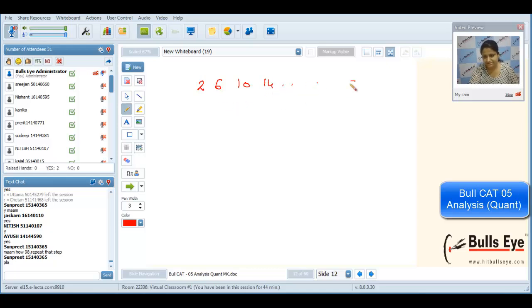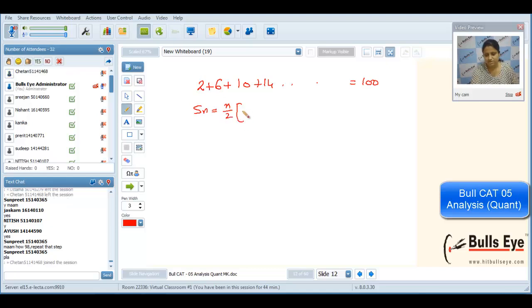And we want this sum to be 100. You can apply that formula, SN formula. What is SN? This is n by 2, 2a plus n minus 1 into d. But it will be a quadratic equation. So this is not preferable.